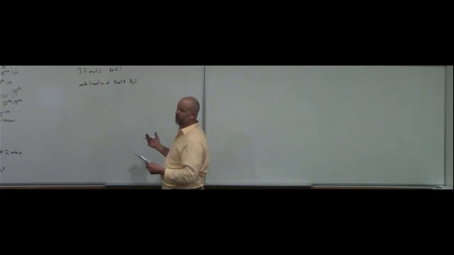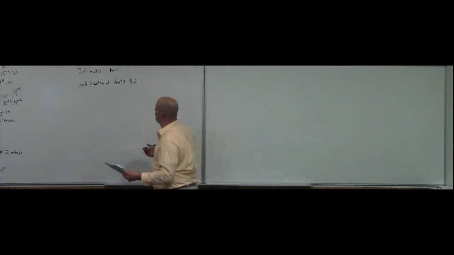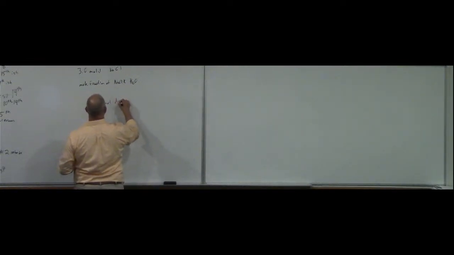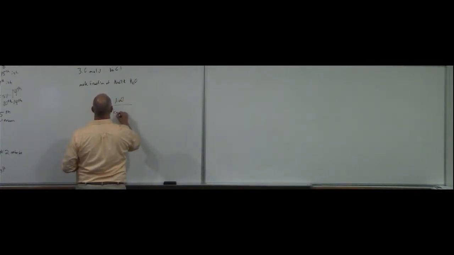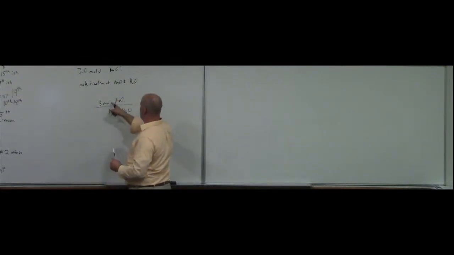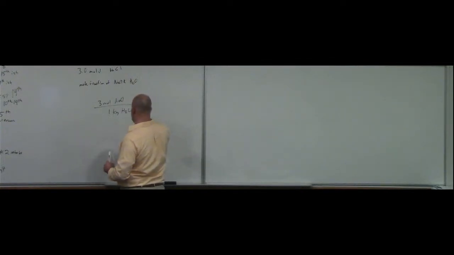So let's think about how to approach this, right? 3 molal tells me that I have 3 moles of NaCl for 1 kilogram of H2O, right? So I know my moles here. All I have to do first is do this, right?